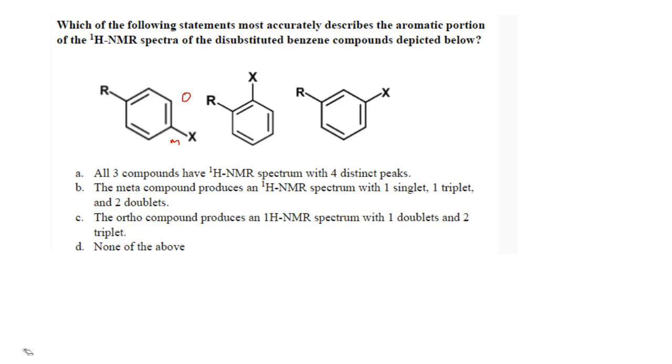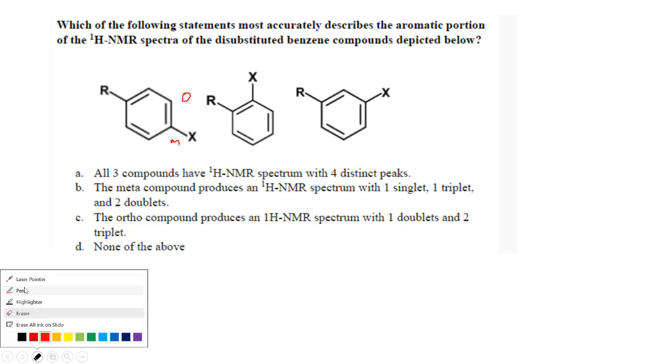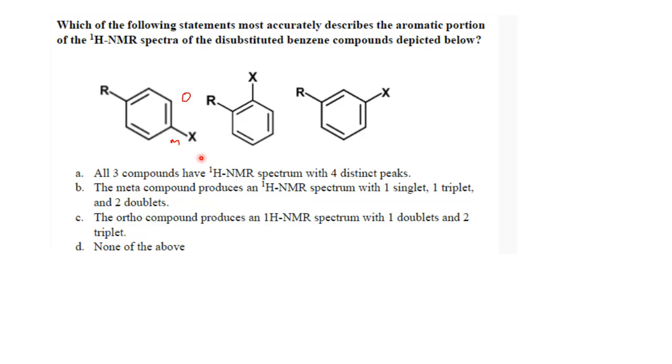Here we do not have any para groups, so we only have ortho and meta. Anyone can answer this, or should I move to the answer?